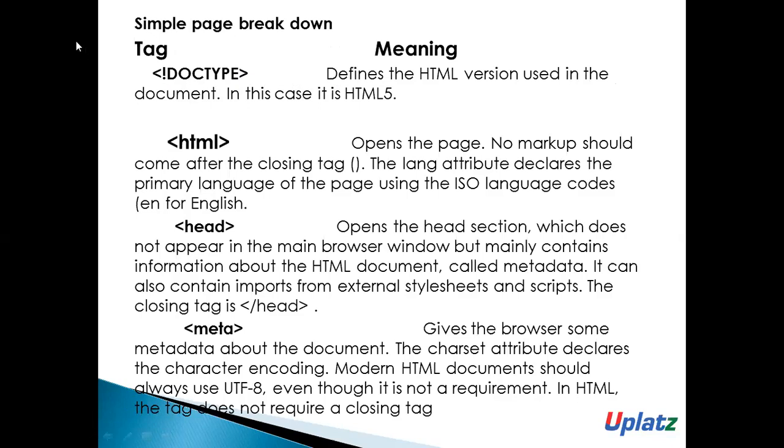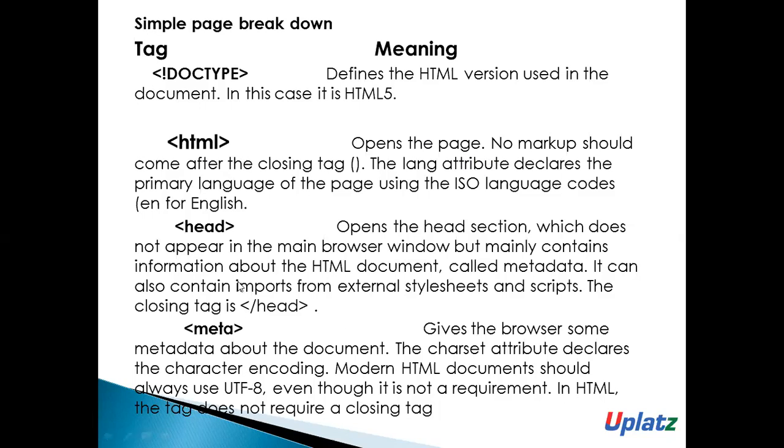So it gives you the HTML version being used in that particular document. Next is html. It opens the page, and the lang attribute declares the primary language, which is the ISO language code. It's en for English.